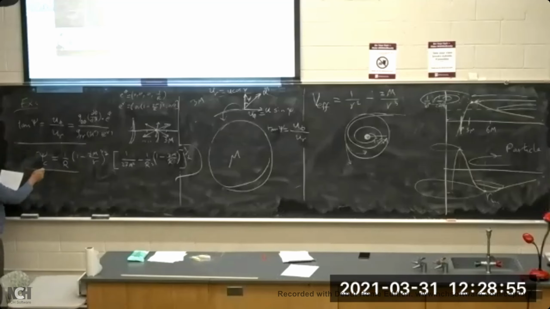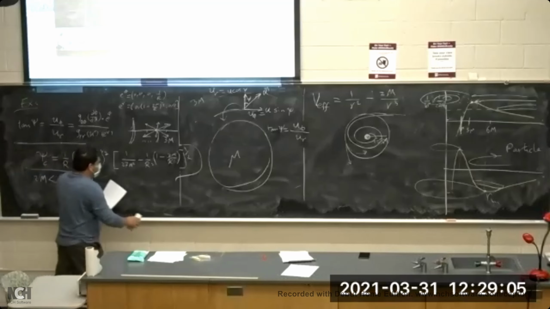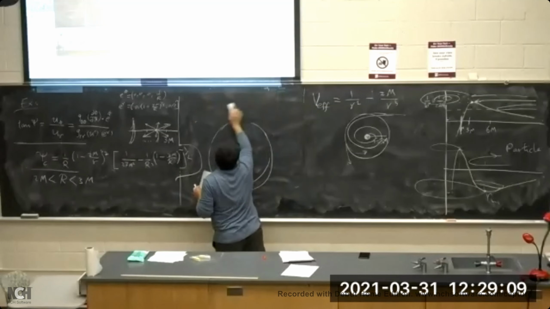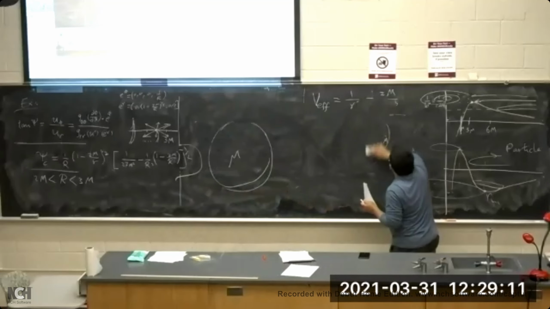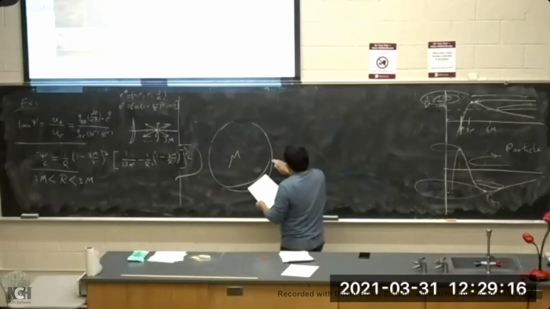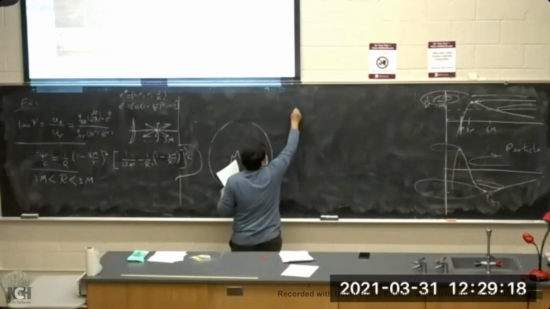So we have two limits now. We have R for the position bigger than 2m and less than 3m, between the two limits. At the end, the light signal has velocity.